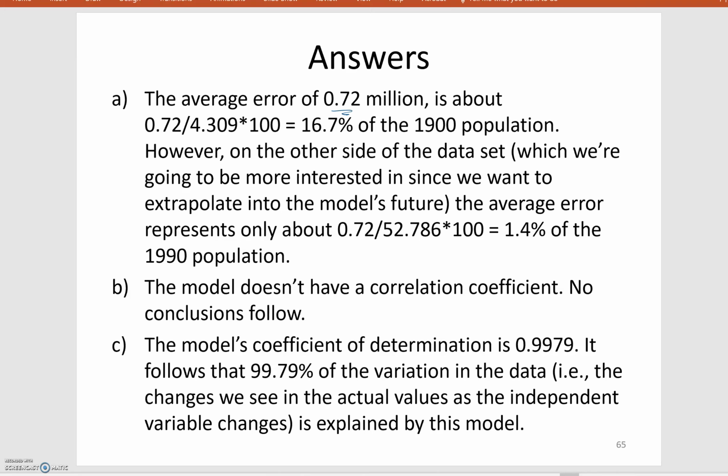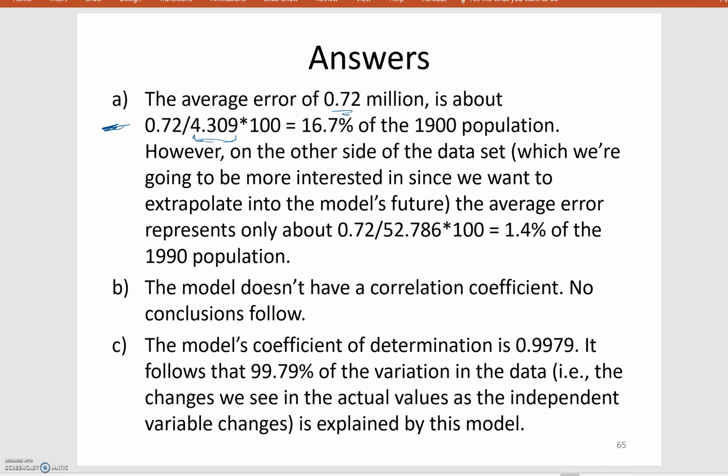Now, in terms of the 1900 population, which was 4.309, we're going to calculate sort of like the percent error, but for the average error. So remember, the percent error is the model error divided by the actual times 100. So that's essentially what we're doing here, except with the average error. And so on the 1900 population, this accounts for 16.7% of the data.